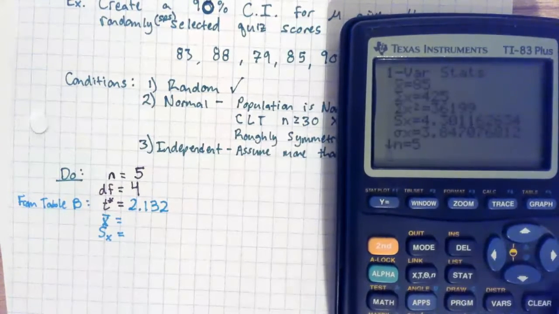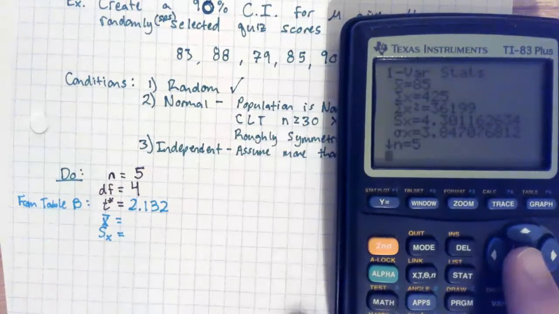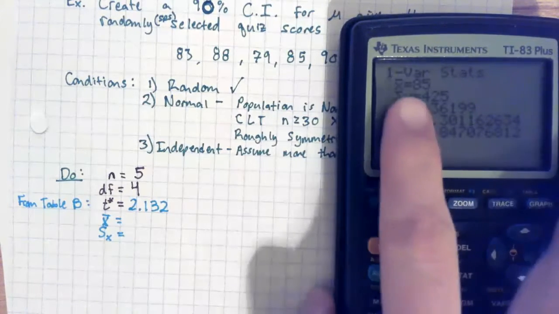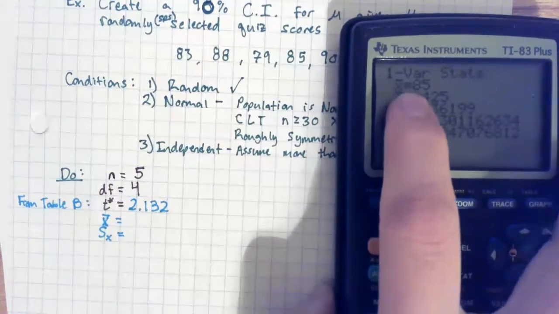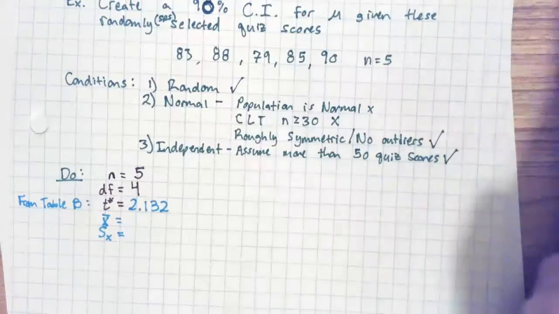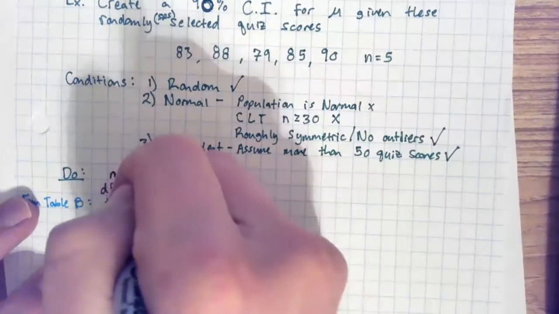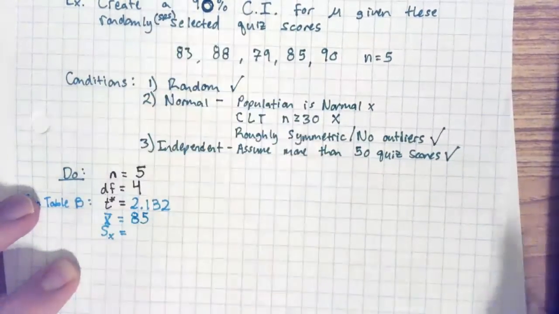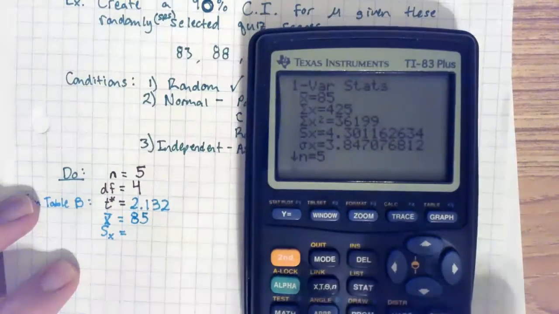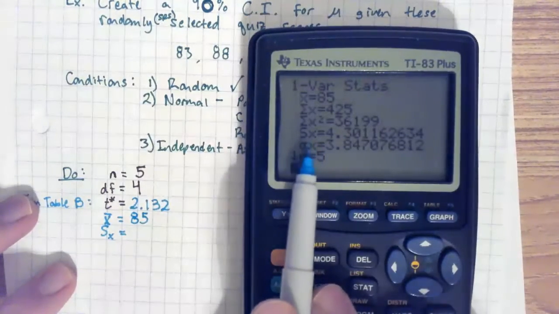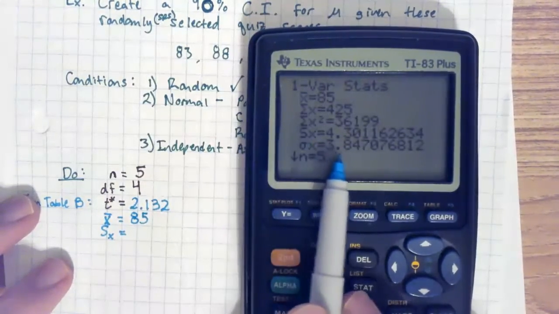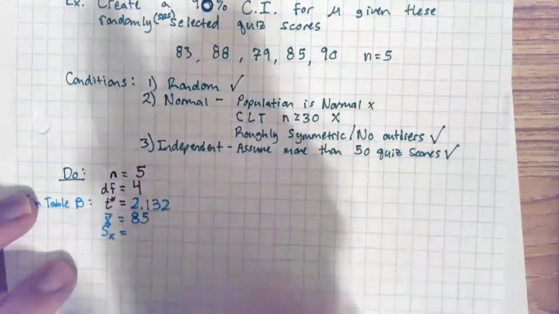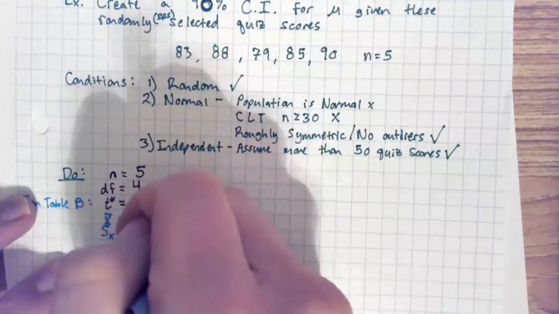So we'll hit enter a couple of times, and it spits out what we need. X bar, the sample mean, the average quiz score in the sample, is 85. And from the calculator, we know that the standard deviation of our sample is 3.85. I'll just round to the nearest hundredth, 3.85.